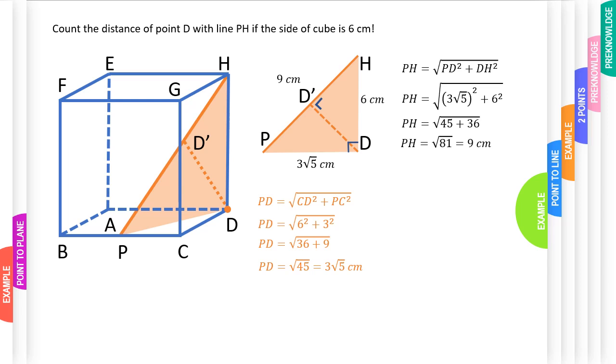To find DX, let's use a simple equation. Final result, the distance of DX is 2 square root of 5 centimeters.